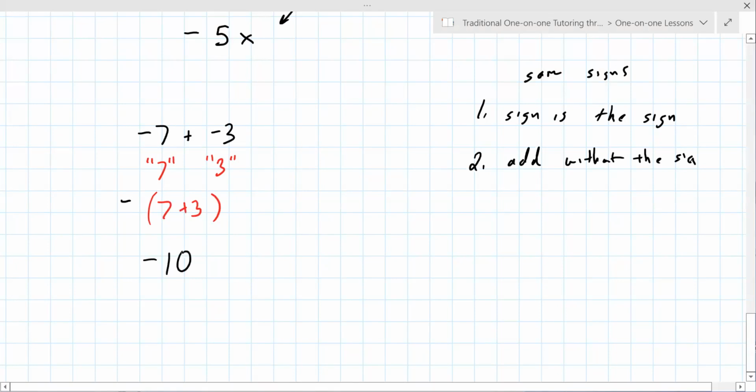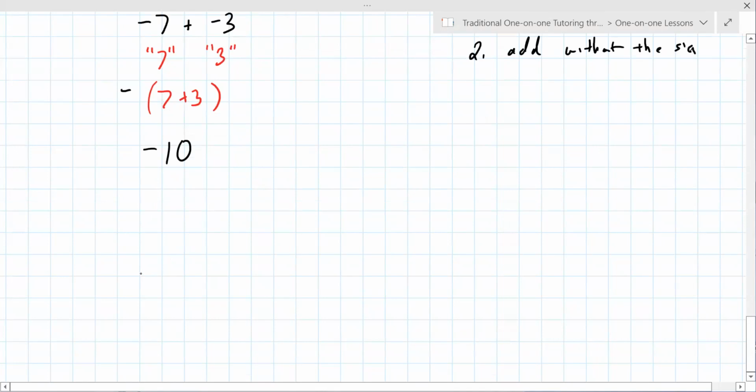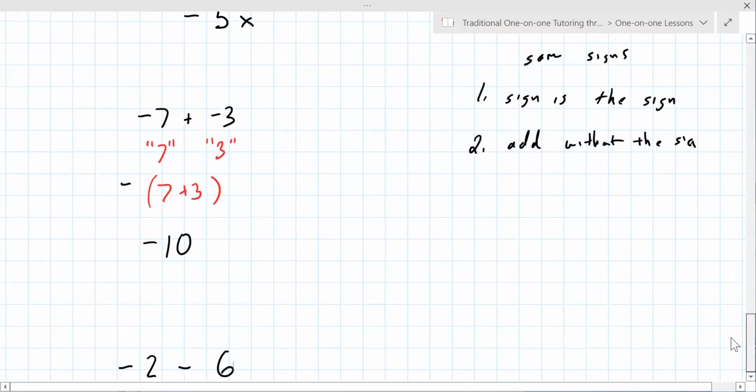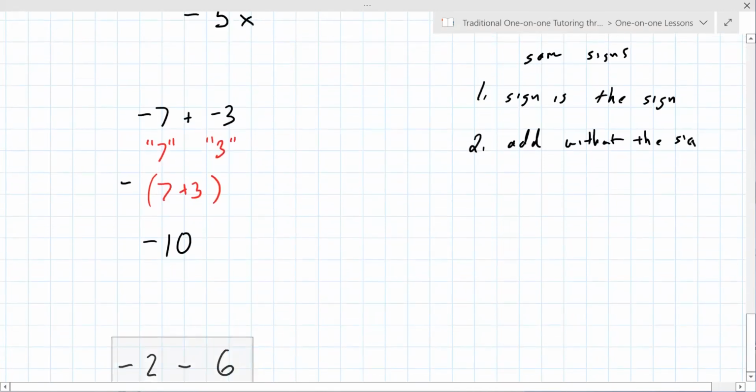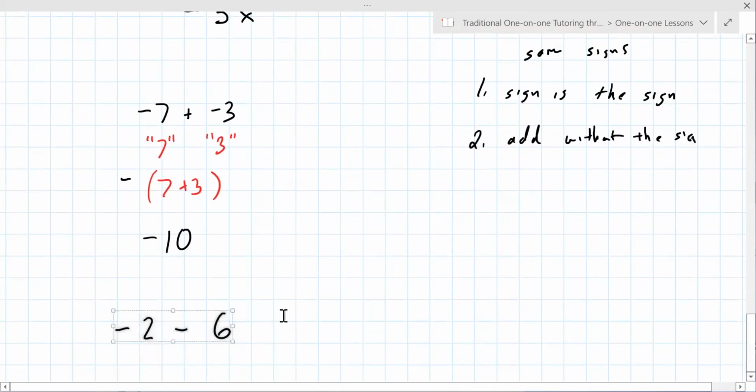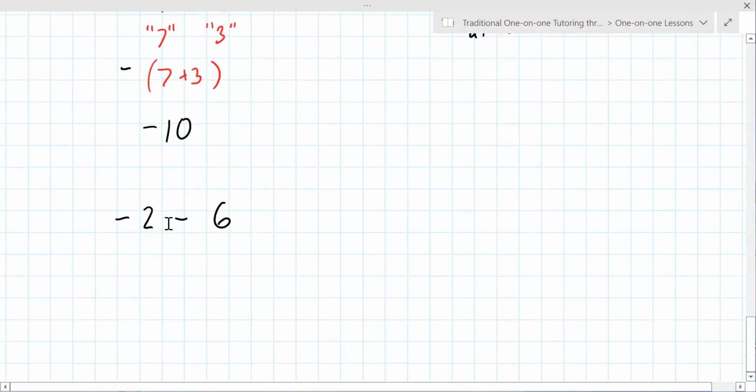Now where you're probably running into issues, we'll look at this example, is what if it's -2 minus 6? Do you see that this is same signs? You see that -2 minus 6 is same signs? Yes, a -6 and a -2. Because that's really critical here.